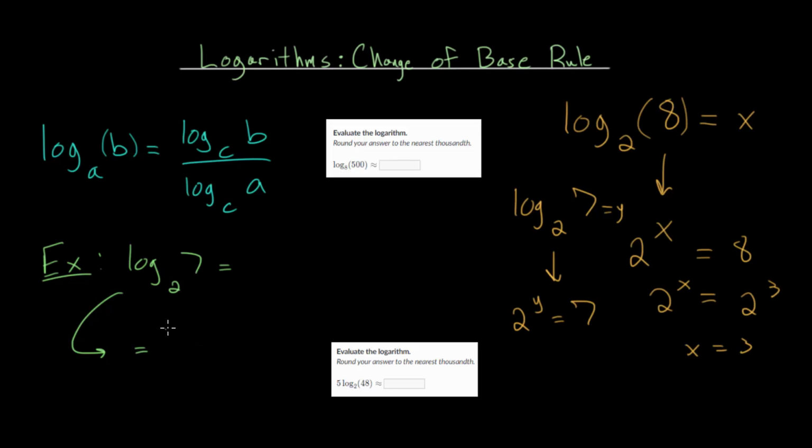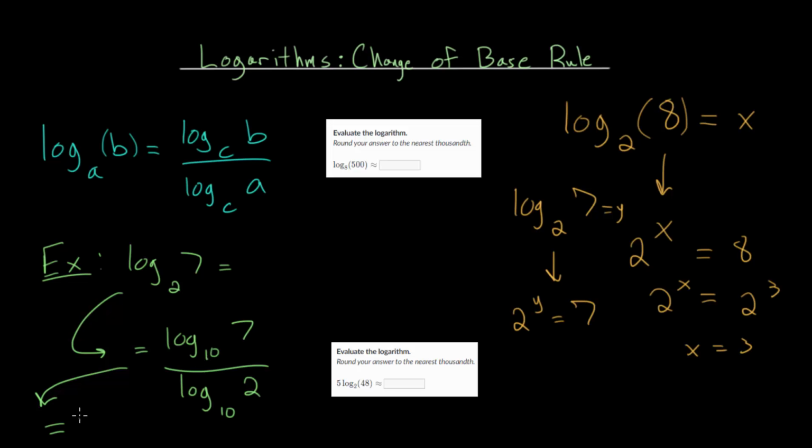We can rewrite this, and again, we can use any base that we want, but most of the time you're going to use base 10 or base e since that's what the calculator has. So we'll use base 10: log base 10 of 7, the input of the original logarithm, divided by log base 10 of 2, the original base. With the common log, we can just omit the base 10 here.